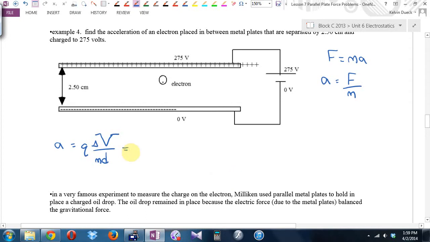Q. What's the charge we're talking about here? I'll give you a hint. It's an electron. Elementary charge, which is 1.6 times 10 to the negative 19. Oh, no, force scale, force vector, so we don't need to put the sign in. What's the voltage between these plates? Look at the picture. 275 volts.